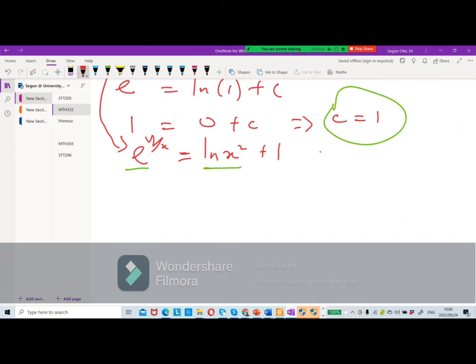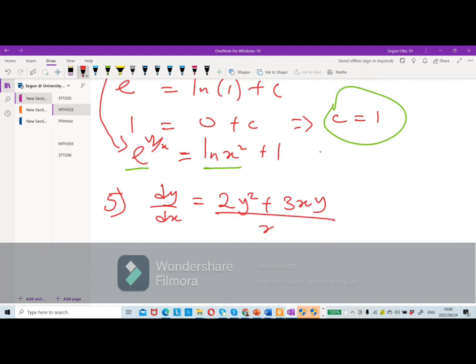And I want you to also solve it on your own. It said y dx is equal to 2y squared plus 3xy over x squared.